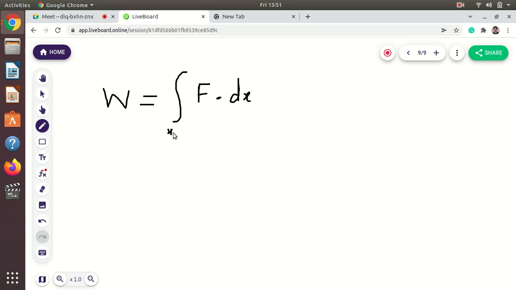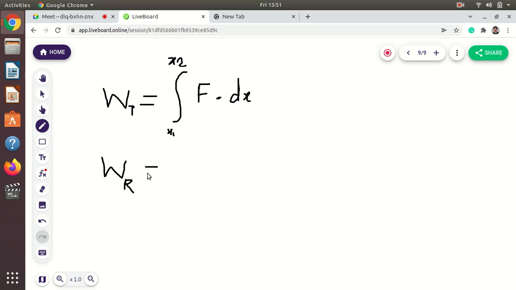If the particle is moving from x1 to x2 and the force applied is F, then we get the work done equal to this. Now for rotational motion also we have work done. So what will be the work done for that? I will write W_R. This is the work done for rotational motion, and this is for translational motion.